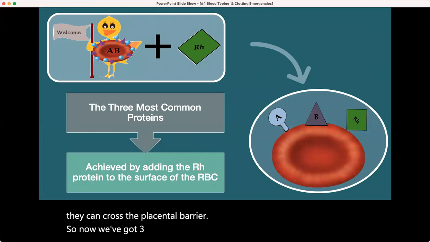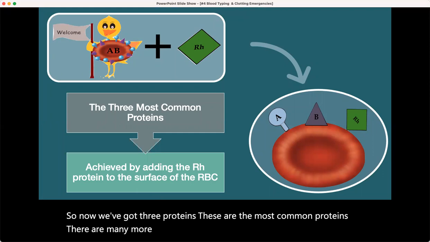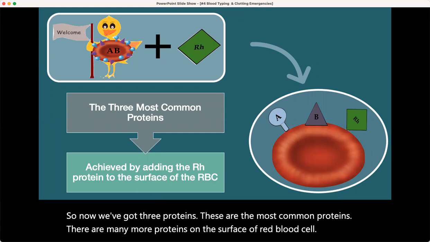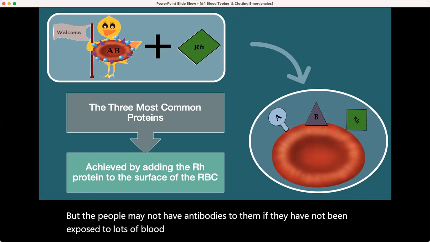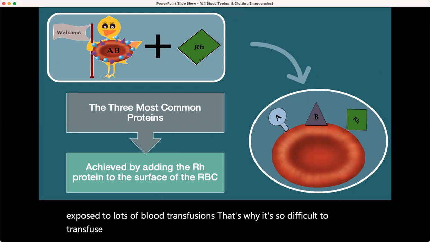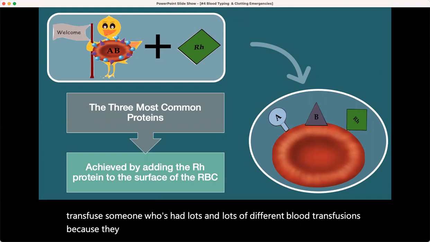These are the most common proteins. There are many more proteins on the surface of the red blood cell, but people may not have antibodies to them if they have not been exposed to lots of blood transfusions. That's why it's so difficult to transfuse someone who's had lots and lots of different blood transfusions, because they start developing antibodies against different antigens.